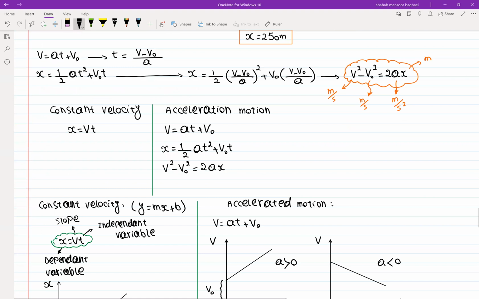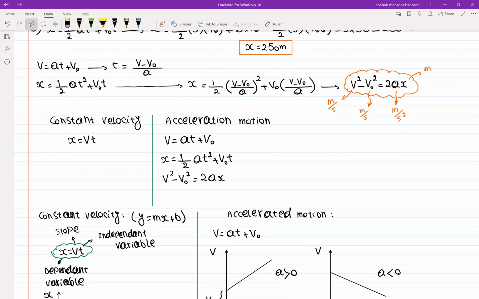And I proved it before. It's here. Use this equation to solve this problem. Very important. Therefore, I repeat it. If you don't have any information about time quantity and you need velocity, apply this equation. Equation number 3.